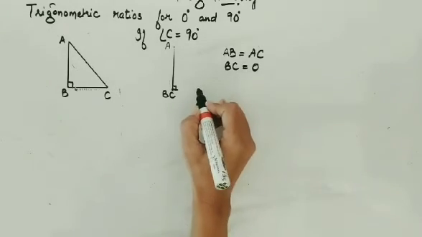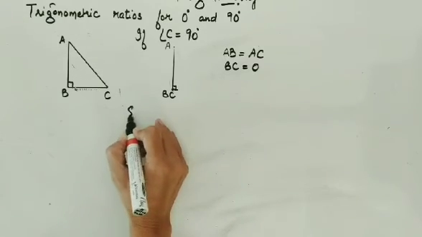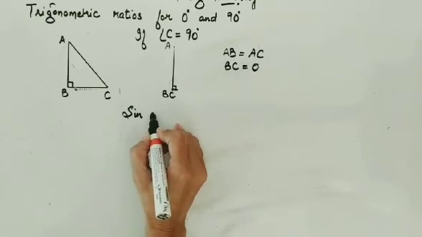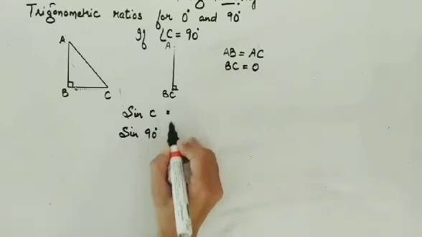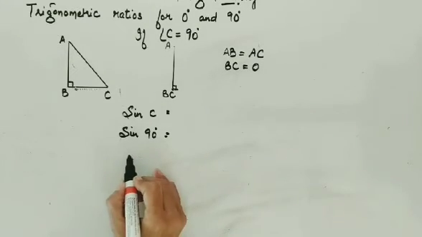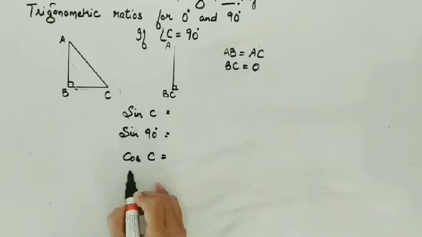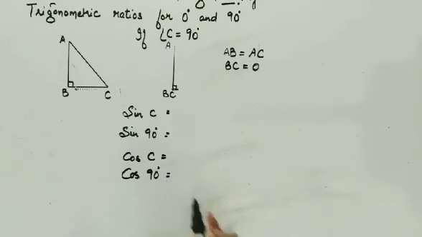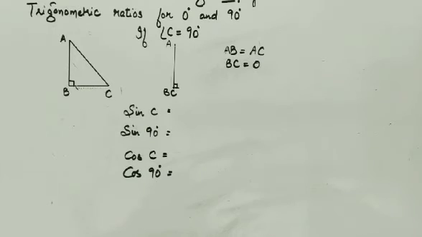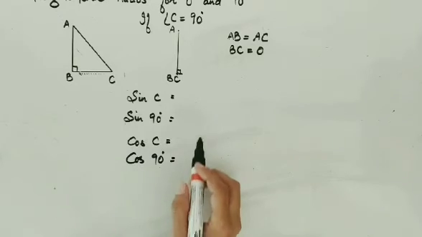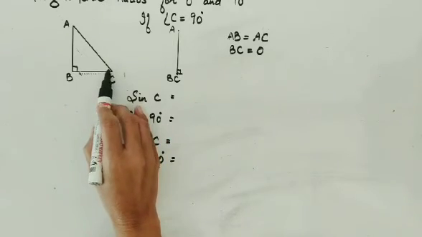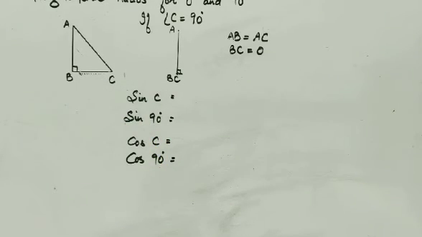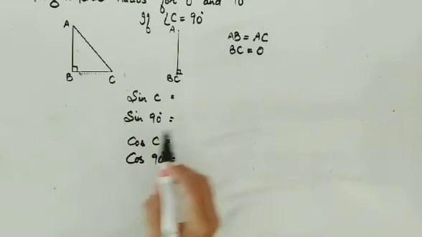Okay, so let us begin with our basic functions. Sine, we need sine C, means we need sine 90 degree. Then its reciprocal, and then we need cos C, we need cos 90. Okay, let's write for sine C. Sine C, angle is here.